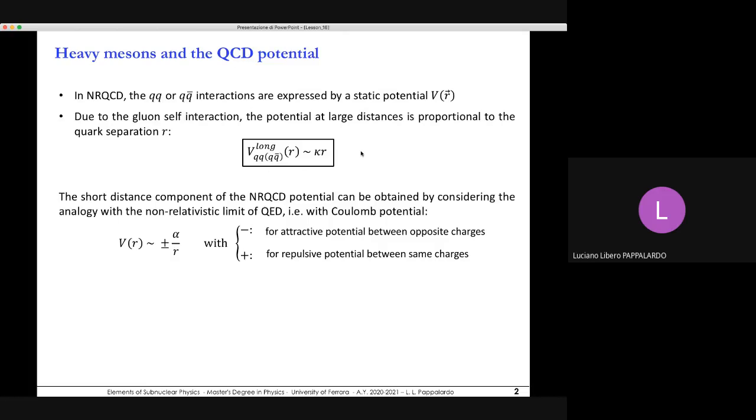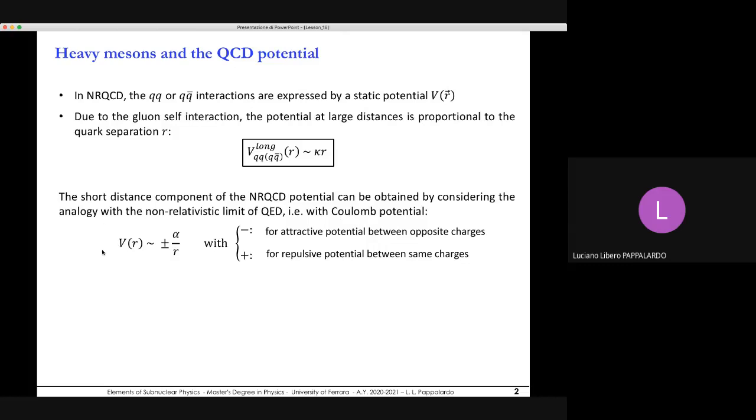So here in the non-relativistic QCD approach, one essentially takes an analogy with respect to the QED case, in particular with the non-relativistic QED limit, so the Coulomb potential. The Coulomb potential, as you know, is in this form, where the plus means repulsion, and this is the case of same charges, and the minus is attraction for opposite charges.